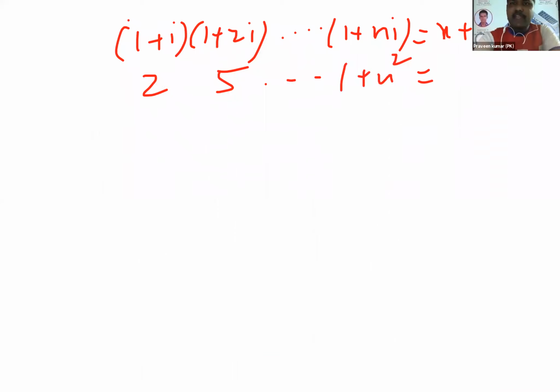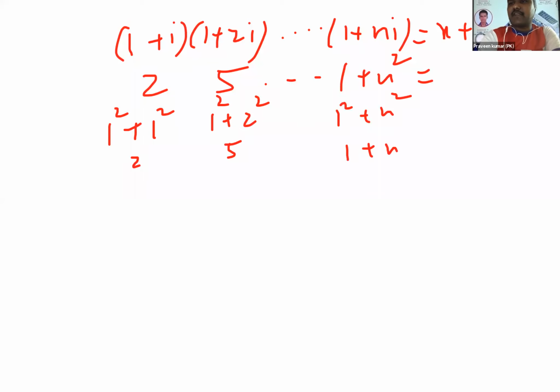I have an idea about this question. It is nothing but real part square plus imaginary part square. Just observe here: the real part is 1, so 1 square plus the imaginary part 1, 1 square, gives 2. Here also 1 square plus 2 square, 1 plus 4, is 5. Here also 1 square plus n square.